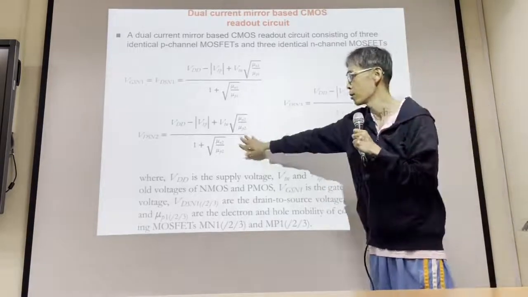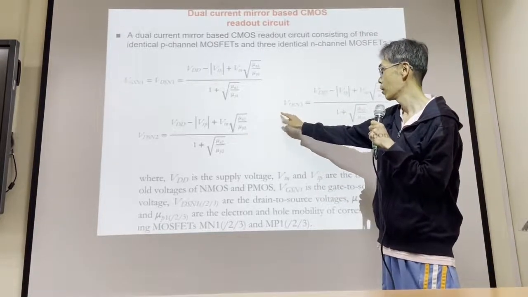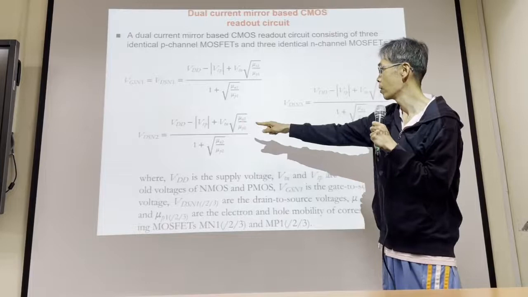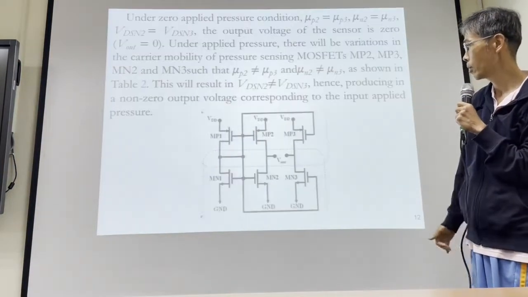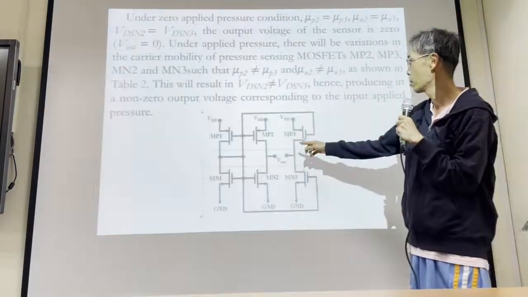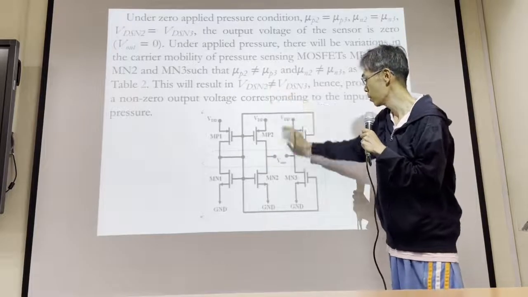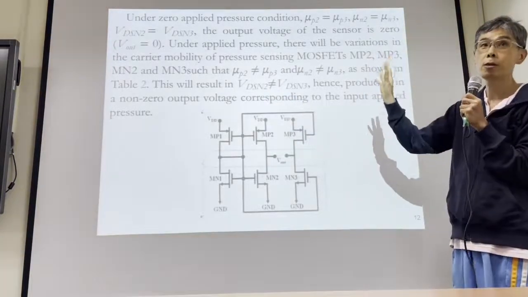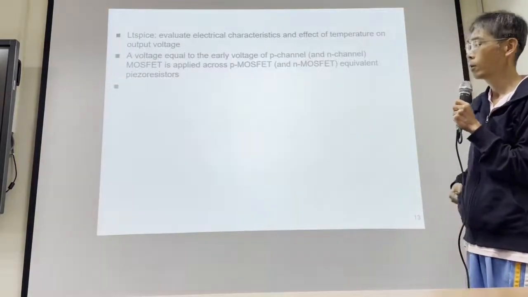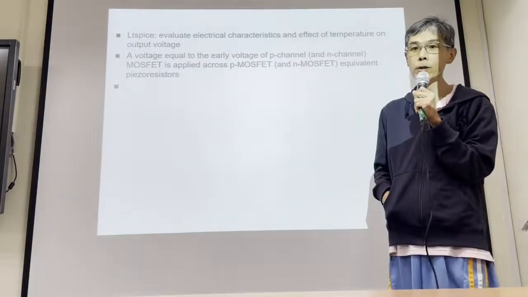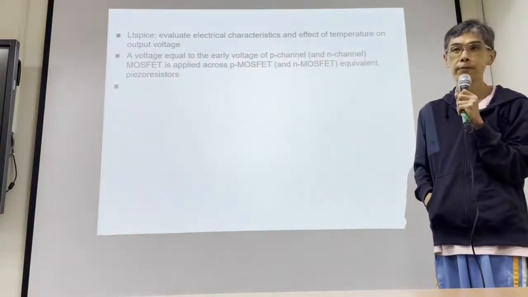Using the equations, you will have different VDSN2 and VDSN3. So you can use the equations for calculation. Next, you are going to use LTspice to do the simulation for this case.